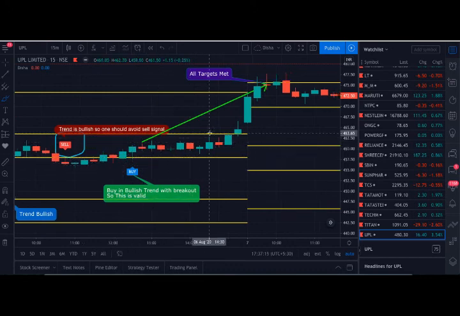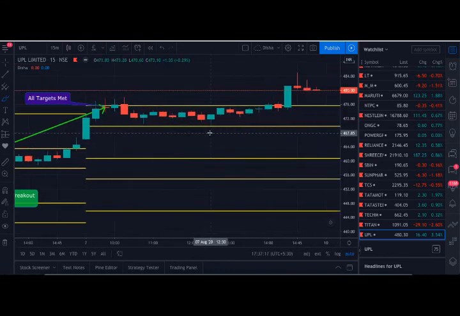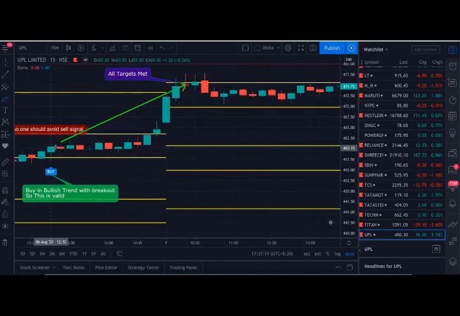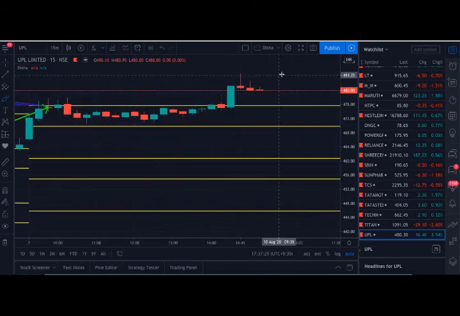Since then it hasn't changed any trend, so from this point, from 460.5, it has made a high of 484. If you consider this as target, at least it has given 7.5, which means a 15 points profit.